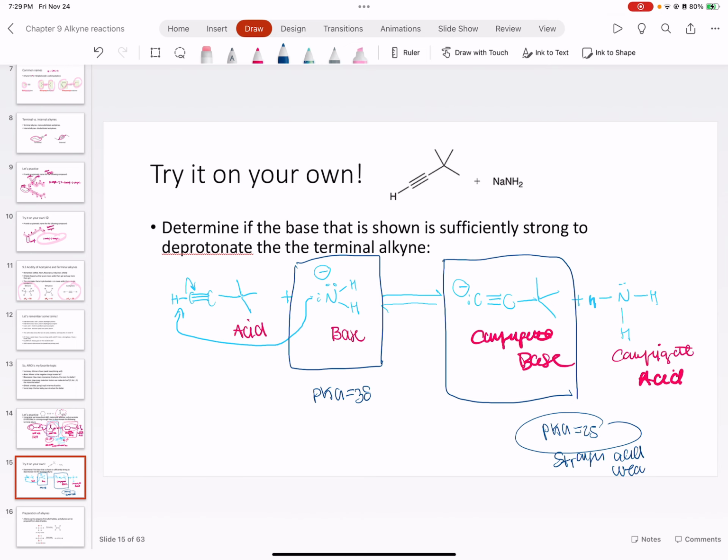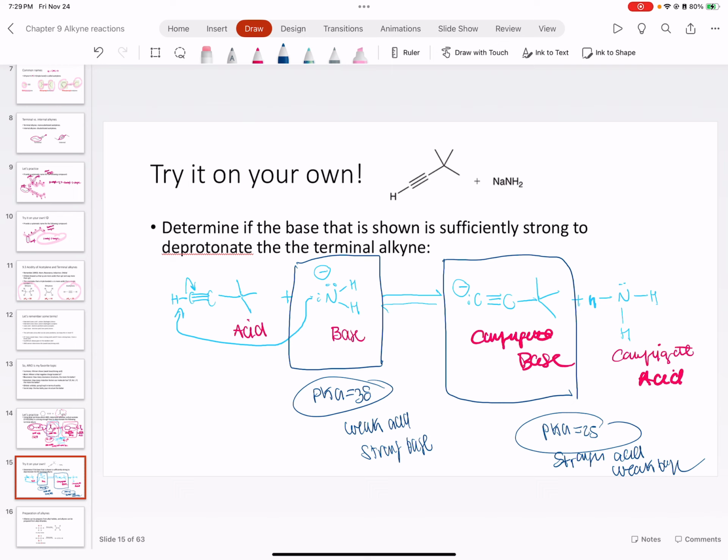This is a stronger acid, weak base. And then this points out that this is weaker, at least compared to the two of them. If we compare 38 to 25, this one's going to be a weaker acid.